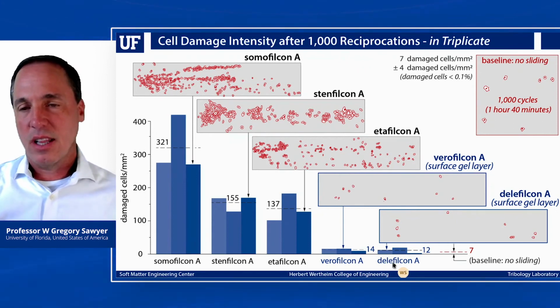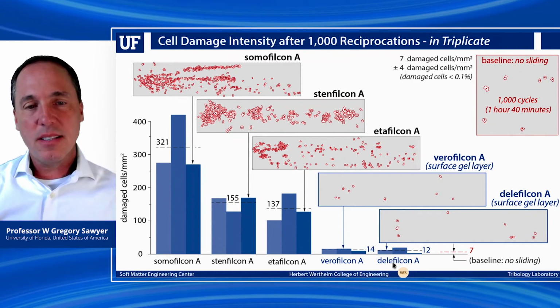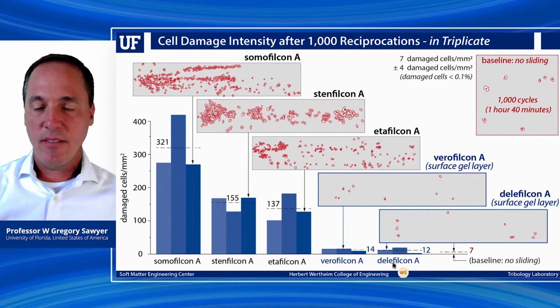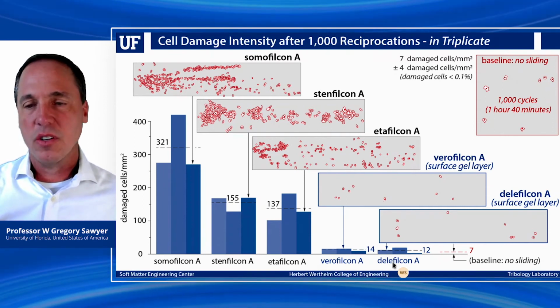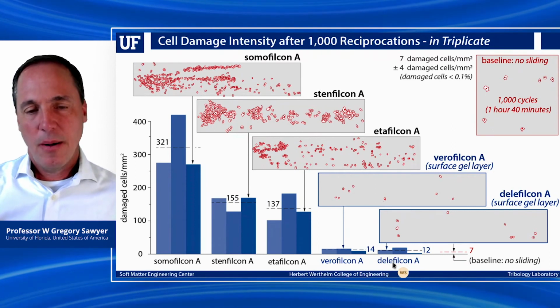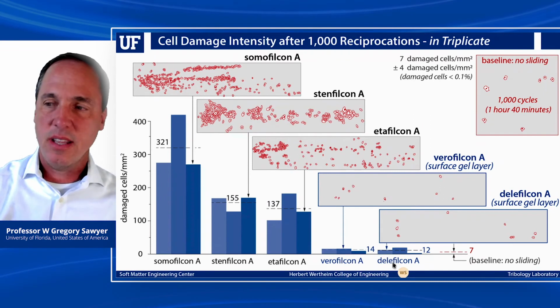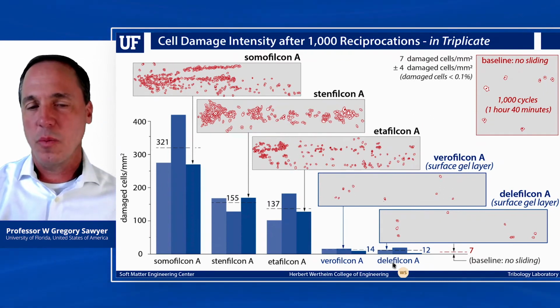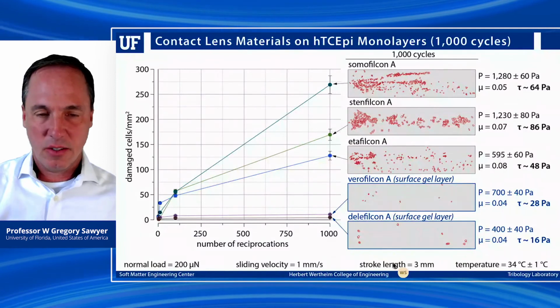Now, interestingly, cells are always going through natural apoptosis, and the baseline level for apoptosis is 7. So we're really getting down into these physiologic levels as we tune these surface gel layers. The other thing that I think is important is to what extent do we see this as something that can accumulate? So we know how damage accumulates in natural systems.